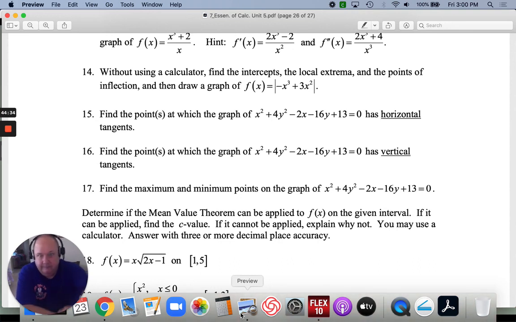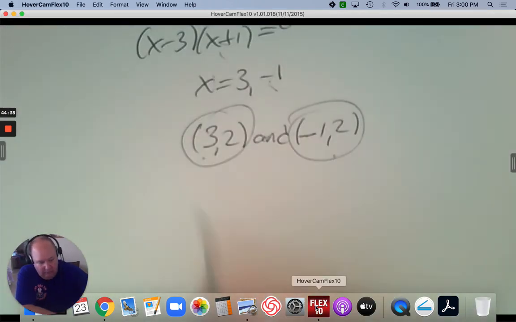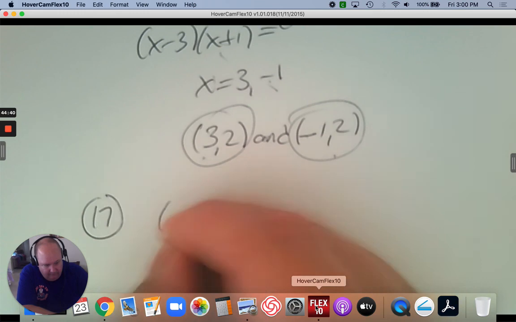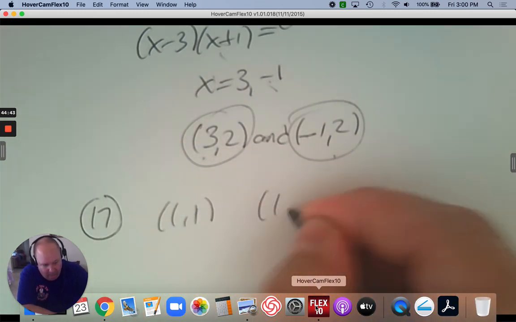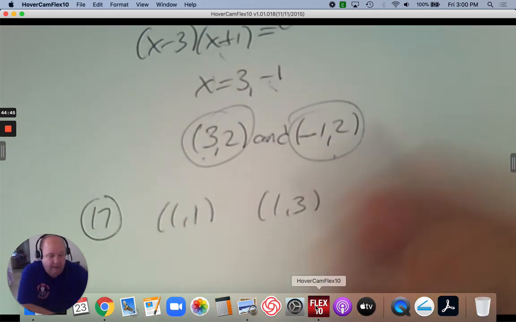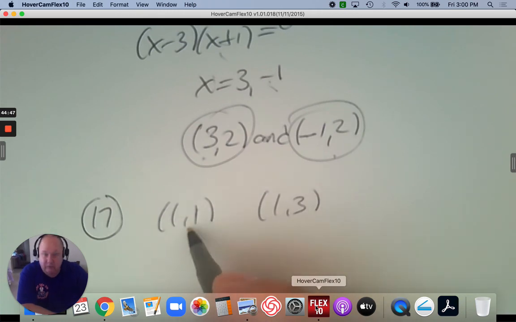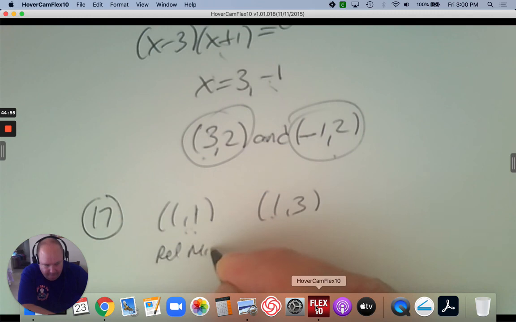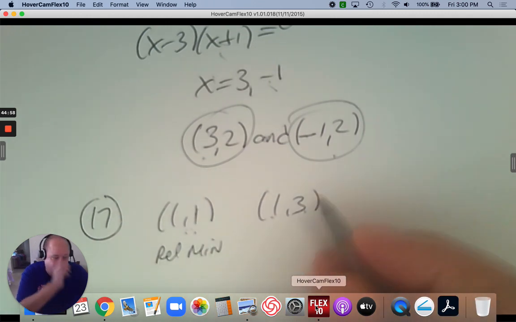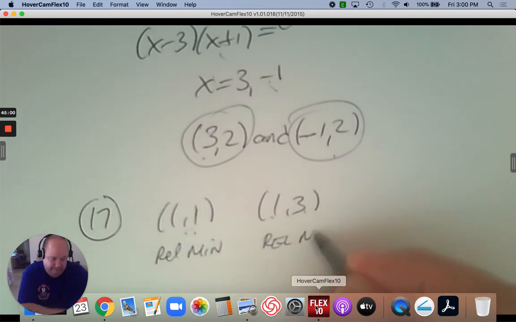So if these are turning points, we have 1, 1 and 1, 3. That's from number 15, right? These are our turning points where the slope is 0. So the smaller y value is the relative minimum. And the larger y value then is the relative maximum.